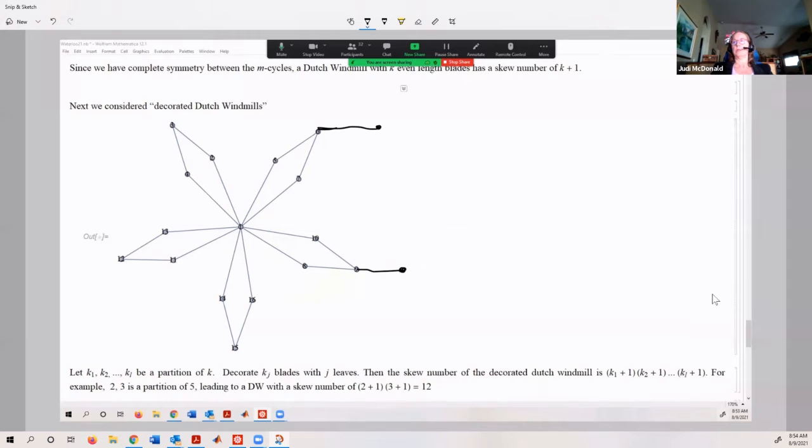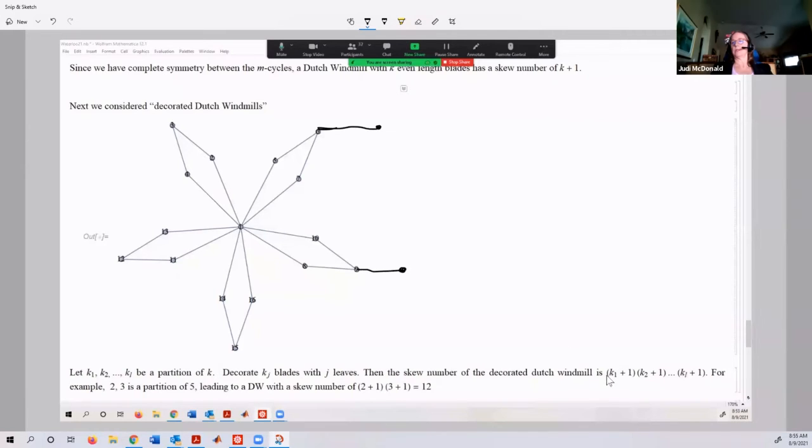So in general, if K1 to KL is a partition of K, where K is the number of even cycles I've got, I take the KJ blades and I throw on J leaves. Here my partition is 2, 3, and I've thrown 0 edges on the K1 blades and 1 on the K2 blades, and so I could go up to 1 and 2 equivalently.